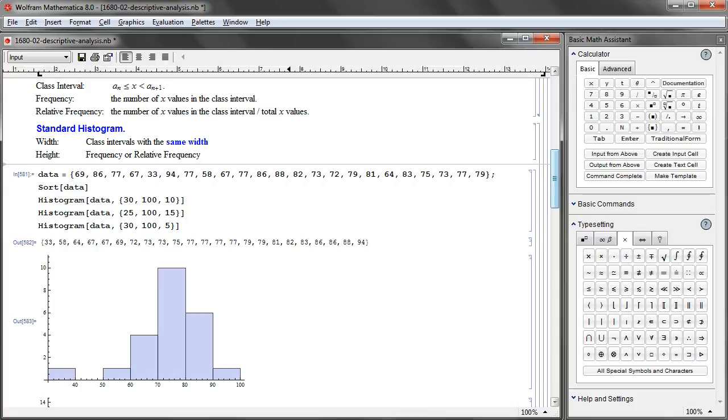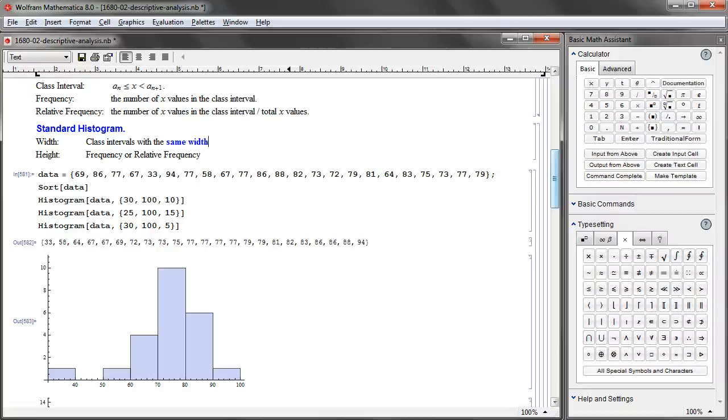Frequency, relative frequency, they make absolutely no difference here. That's just vertical scaling. Width, on the other hand, is very, very, very important. Width of each rectangle corresponds to class interval.